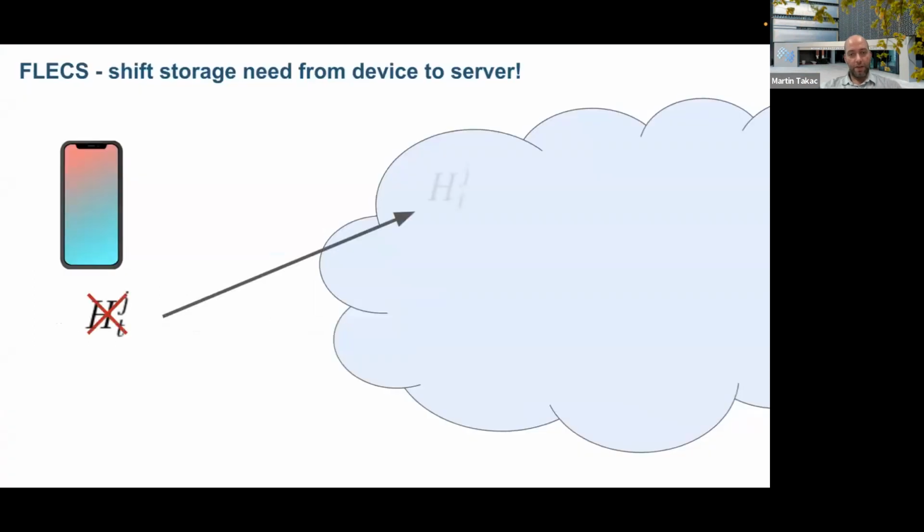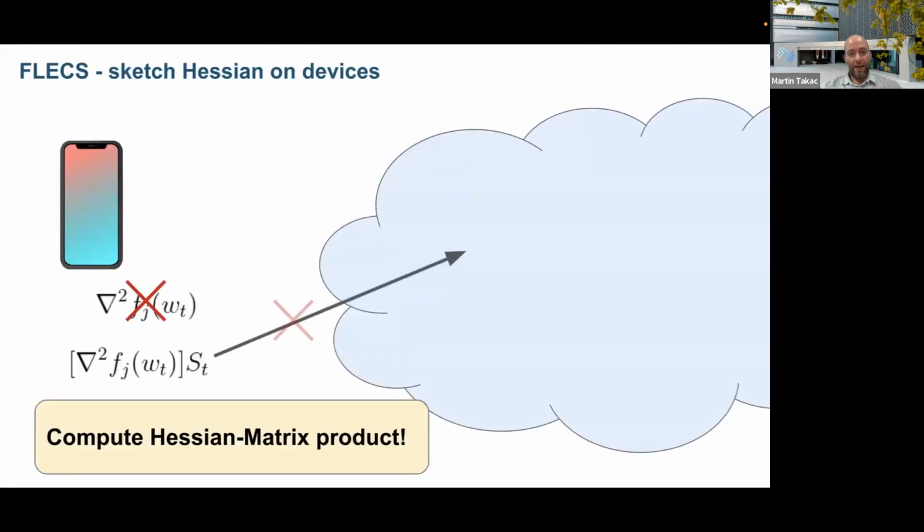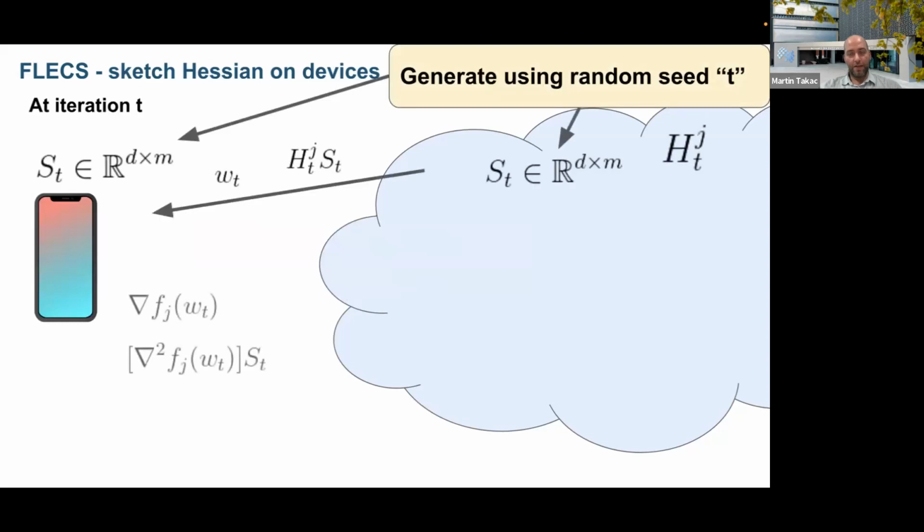So basically in Flex, my S will be a rectangular matrix, and what you are sending is this H times S. Again, it's a matrix which is D by M. Always I'll say choose M equals 1, okay? So just one random direction, and you're sketching the Hessian in this direction. That's it, basically just one vector.